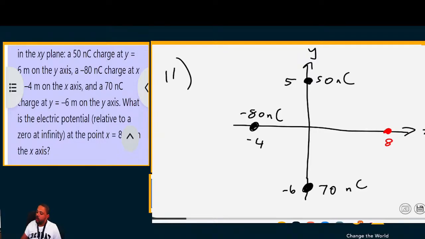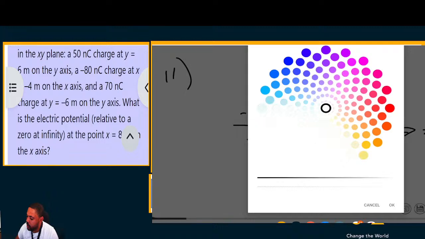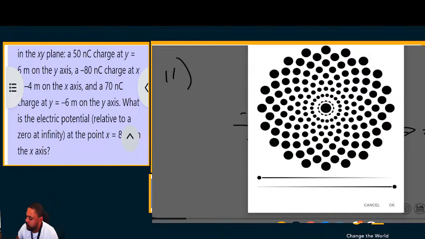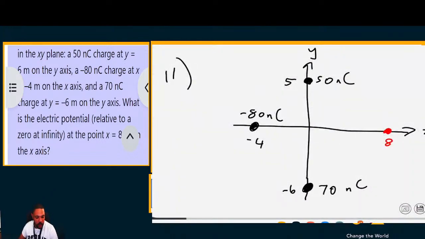Okay. Now, how do we calculate electric potential? It's easy. Okay, so you won't be able to see that part, so let me write it on this side.